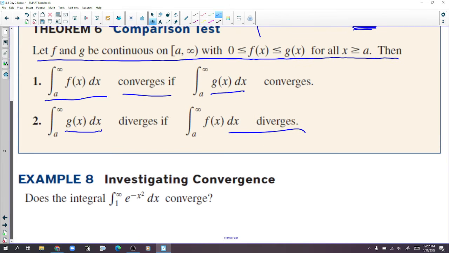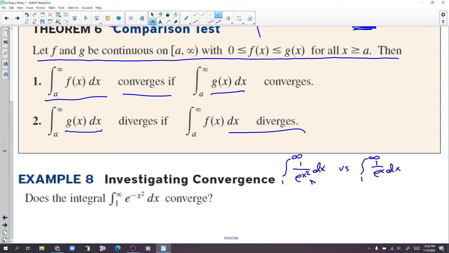Here's our example. Does the integral converge? So we're looking at the integral from 1 to infinity of 1 over e to the x squared dx. Now we're going to compare that to the integral from 1 to infinity of, how about 1 over e to the x.